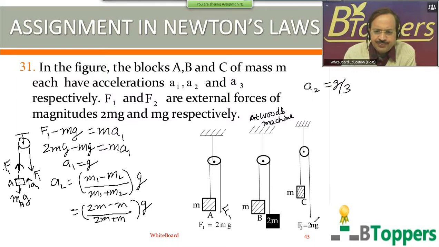The third case. F2 has magnitude mg. So in the figure you have to correct this. In the third case, F2 has magnitude mg here. F2 is not equal to 2 mg, F1 is 2 mg, F2 is mg. In the third case, the string on the right hand side is pulled vertically downwards with a force of magnitude F2.